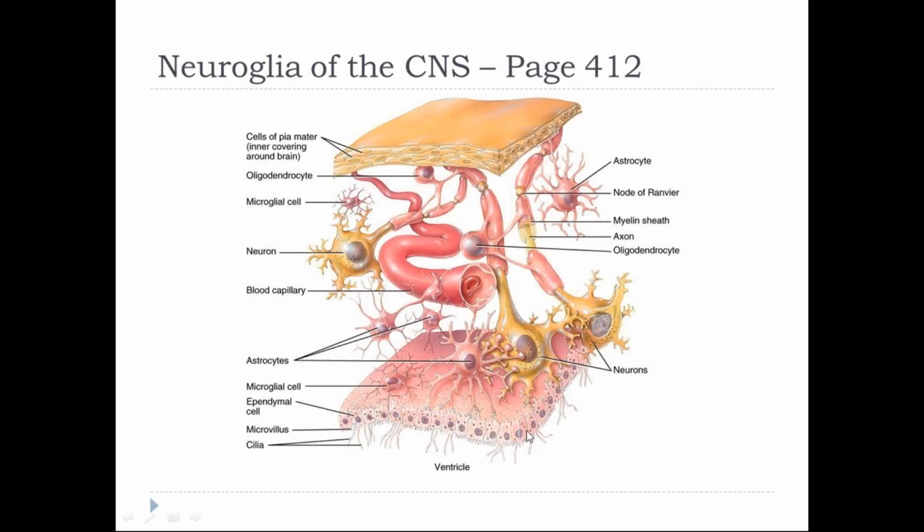So the ependymal cells do the filtering of your blood, so that it creates, on the other side where you can see all these cilia, in the ventricles of your brain, the central canal of your spinal cord, and in the subarachnoid space, ependymal cells that are filtering the blood and producing cerebrospinal fluid.